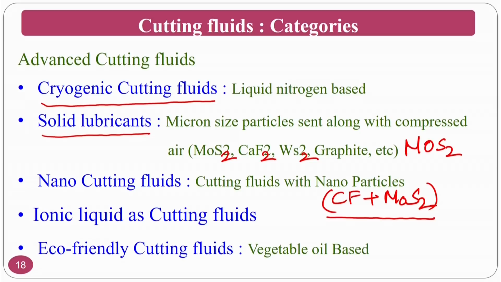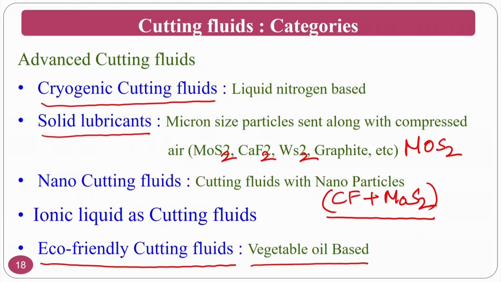So most of the papers on ionic fluids are as lubricants in tribological aspects, and you can also see them in metal forming and wherever lubrication is required. So tribology and lubrication applications, ionic fluids are used. People are mixing them with compatible cooling liquids such as water and all those things, and they are using it.